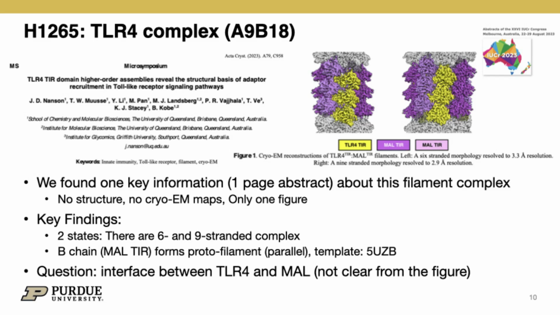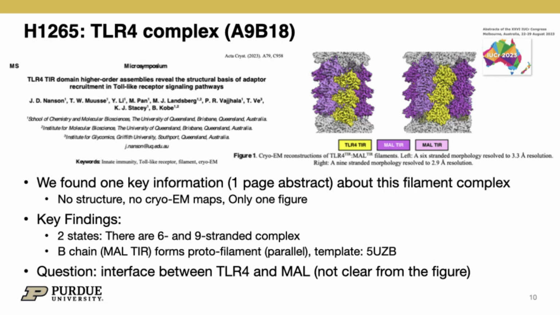Sorry, I want to go back to this one. So then we found this abstract. This is an abstract from the X-ray crystallography conference in Melbourne, and this one-page abstract had this one figure.